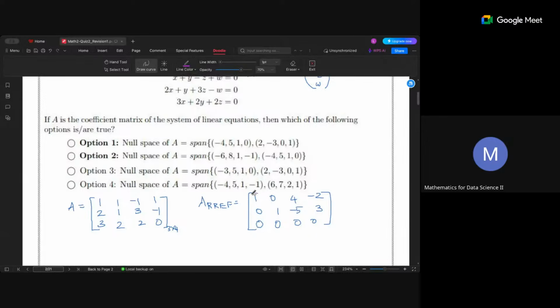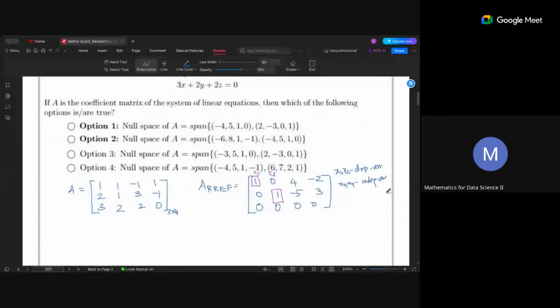This is a pivot and this is a pivot, so column 1 and column 2 have the pivot elements. So x1 and x2 are the dependent variables, and x3 and x4 are the independent variables.